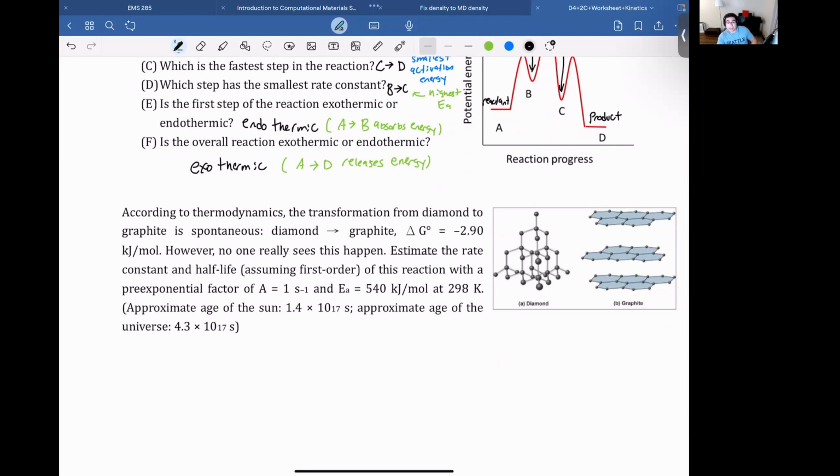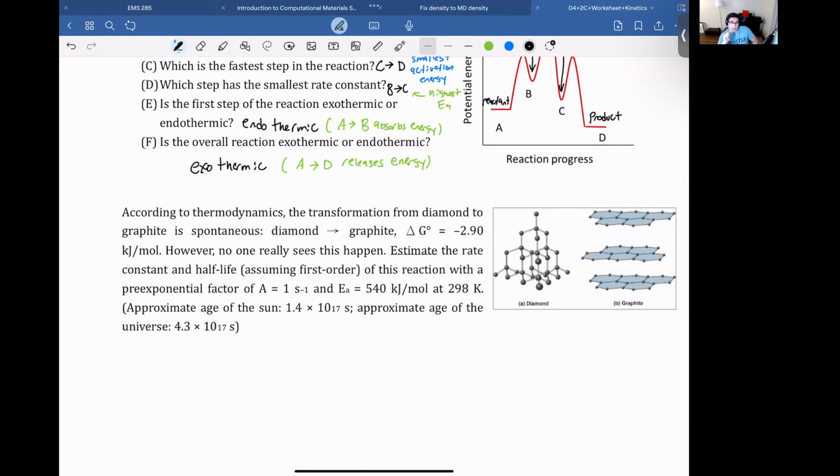Next, according to thermodynamics, the transformation from diamond to graphite is spontaneous. Diamond to graphite has that delta G value in kilojoules per mole, but we never really see it happen.